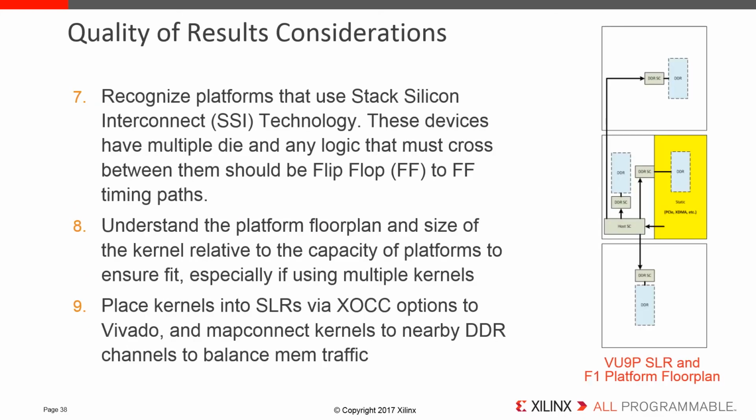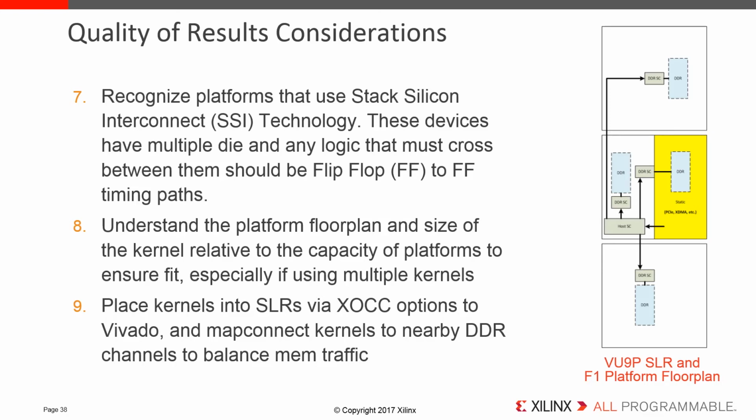For designs that have a very high resource utilization or are pushing the clock frequency to the max, it is important to have an understanding of the floor plan of the FPGA. The VU9P device on the F1 platform contains 3 SLRs or dies connected using SSI or stacked silicon interconnects.